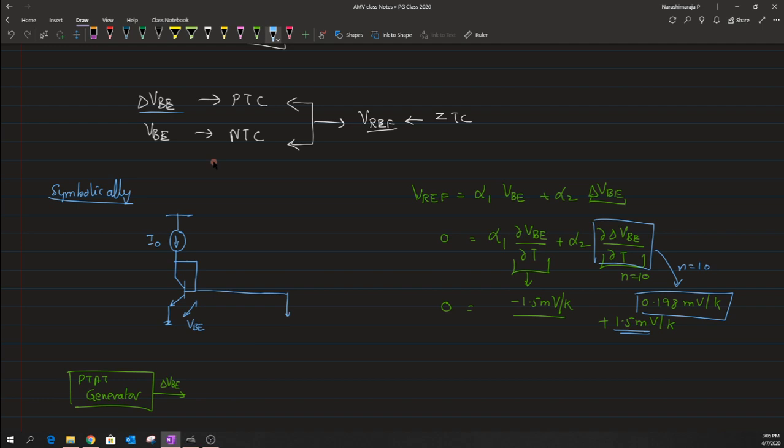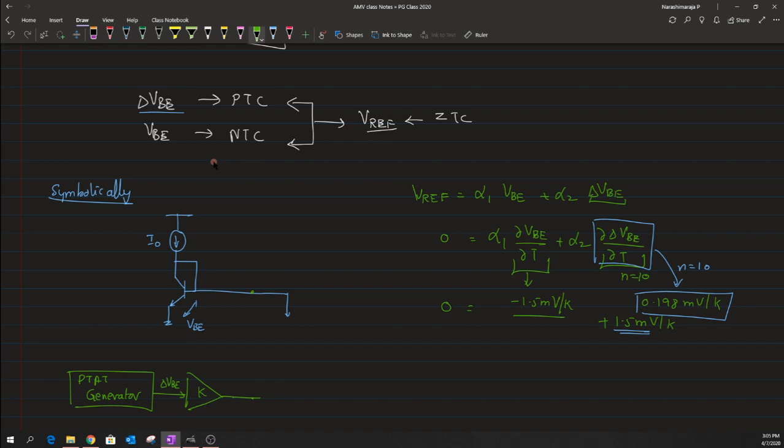So this amplification factor could be represented by something like a k across our delta VBE, and this delta VBE has to be amplified by a k factor such that the output of this will be the same as that we have here, but with opposite temperature coefficients.